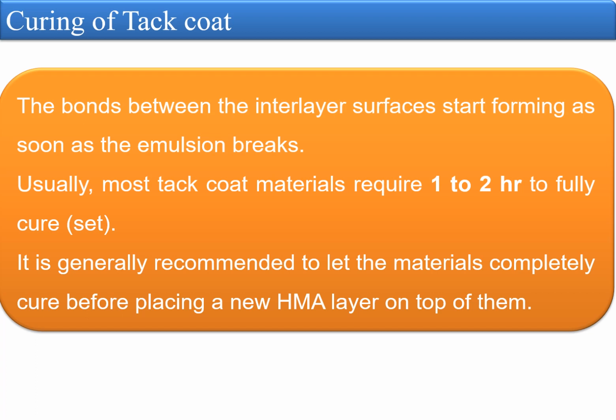This is the reason why we say that if the tack coat is not conforming to the RS1 grade, and if you are by mistake using an SS1 grade, then it will not be cured in 1 or 2 hours. It will not set, or the emulsion will not break, and it will not have an interlayer surface. So ultimately it will develop a slippage plane between the HMA layers.